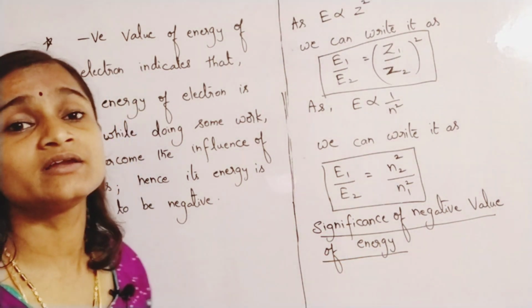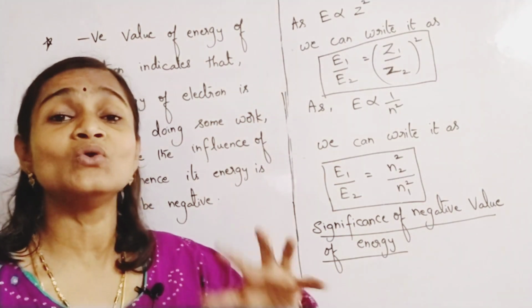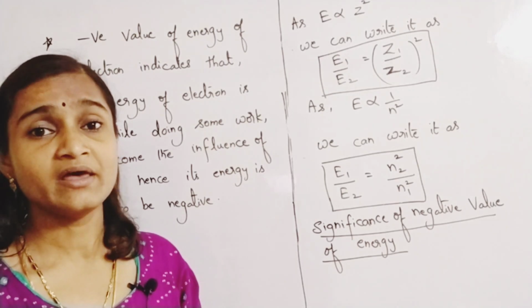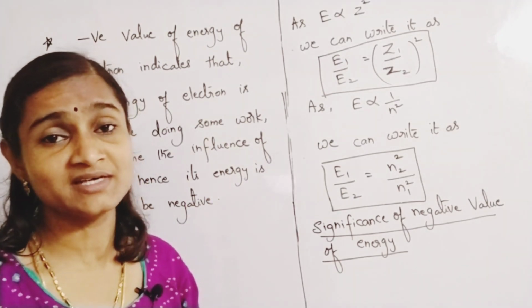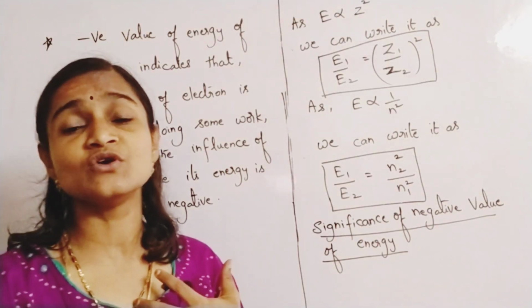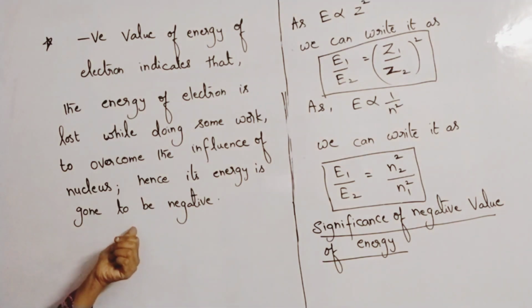The negative value of the electron's energy indicates that the electron has to do some work in order to overcome the influence of the nucleus. While doing that work against the influence of the nucleus, most of the energy of the electron is lost and hence it has gone negative, and that is the significance of the negative value of energy of the electron.